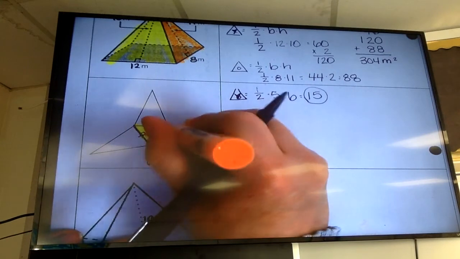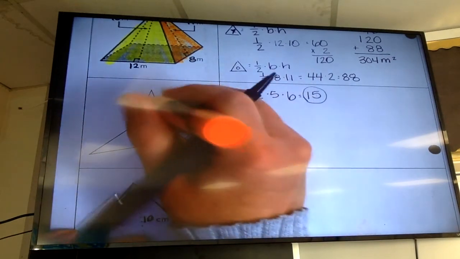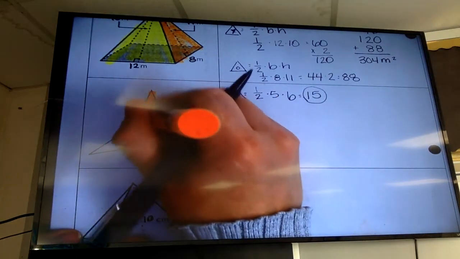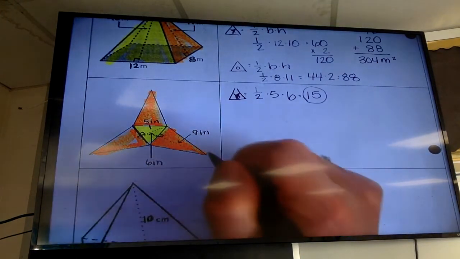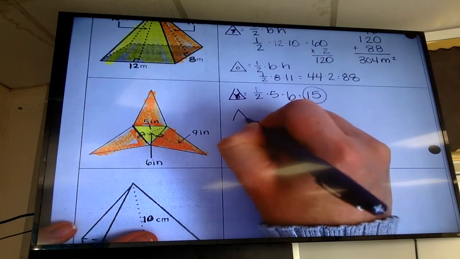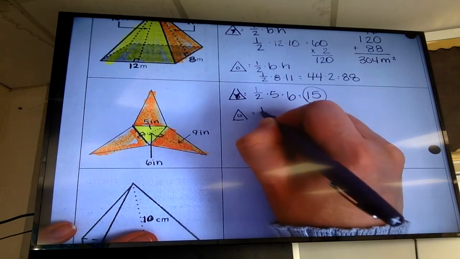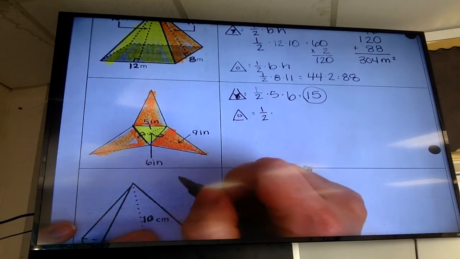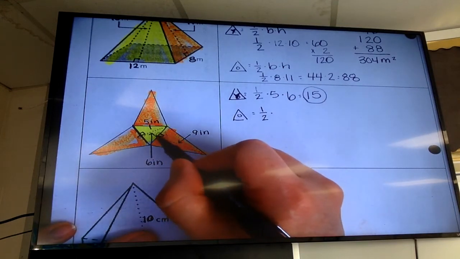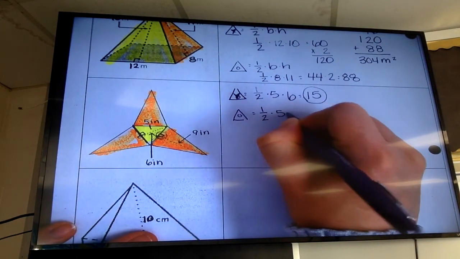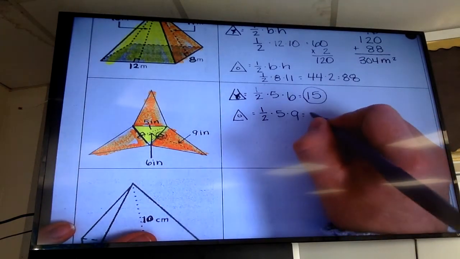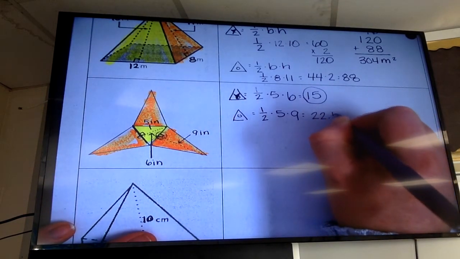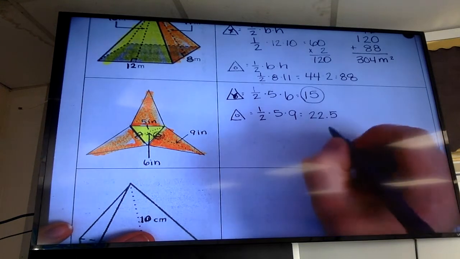And then I've got my triangular faces. Now, these triangles are all exactly the same size because the 3 sides of my triangular base were exactly the same. So I'm going to do the triangle of the orange. So 1/2 times, find my base. Here's my 90-degree angle. Look for that 90-degree angle. My base is 5 and my height is 9. So I put that all in my calculator and I find out that one orange triangle is worth 22.5.